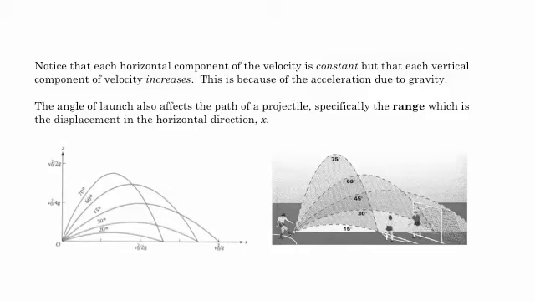The range, which is the horizontal displacement in x, is greatly affected by the launch angle. And what you'd actually find is that at a launch angle of 45 degrees, right halfway in between the x and the y direction, you get maximum range. And that's something that we'll consider a little bit later. And here's two diagrams to illustrate that.